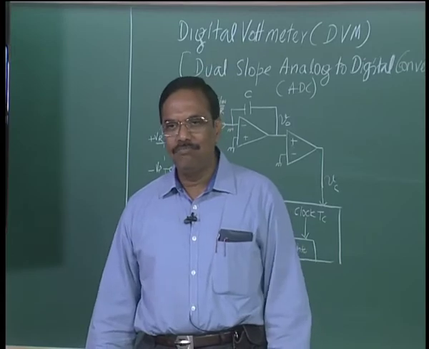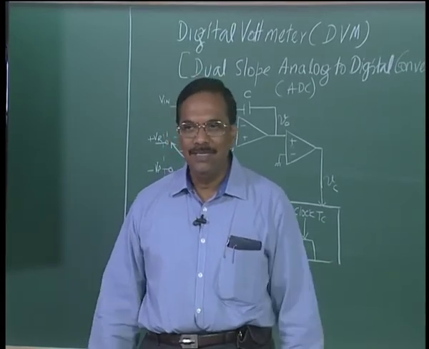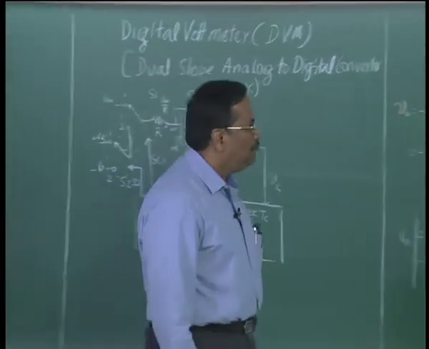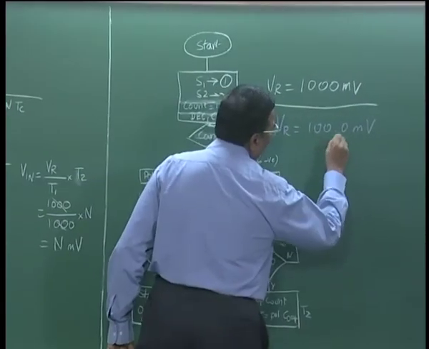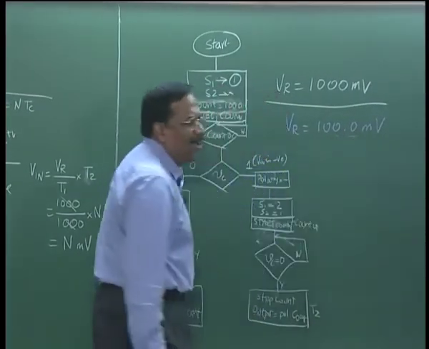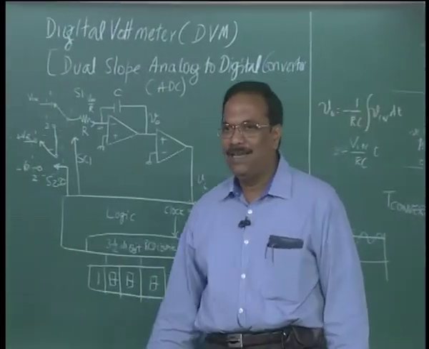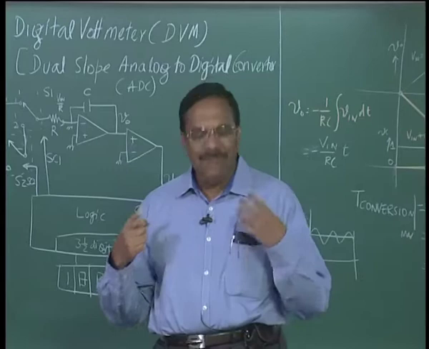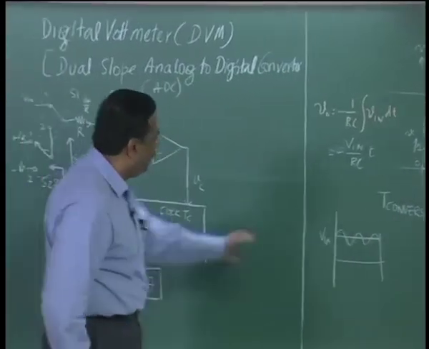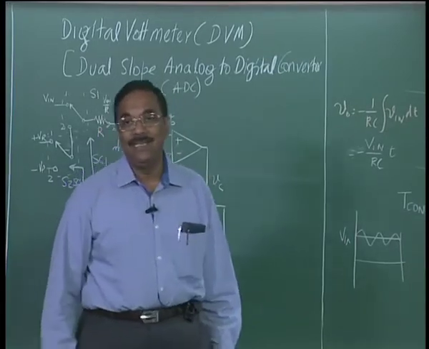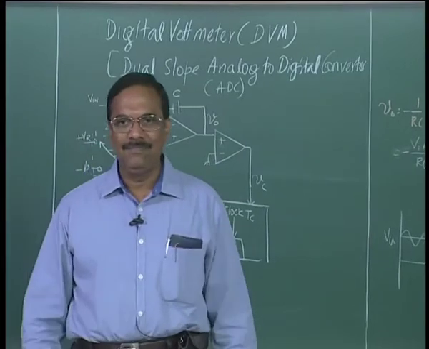So 1000 counts will become 100 millivolts, 2000 counts will become 200 millivolts. In that case, the last digit, which was 1 millivolt, would be 100 microvolts. 100 microvolts definitely will be affected by the level of power frequency interference if I simply measure any voltage on any circuit I make in the lab.